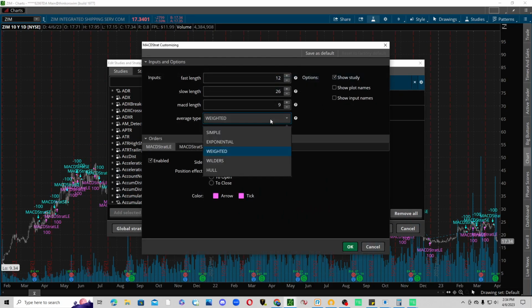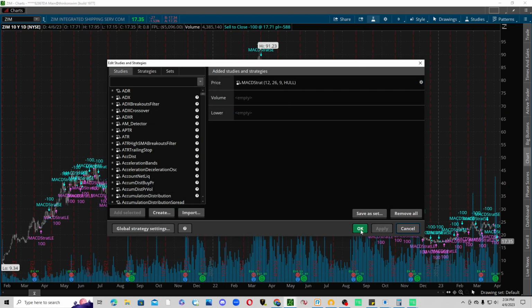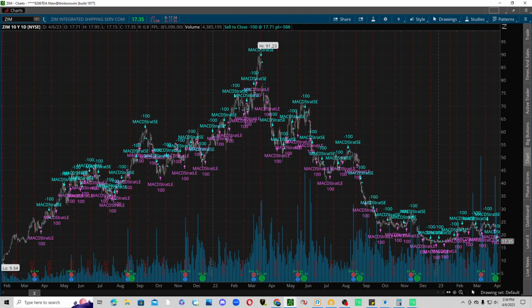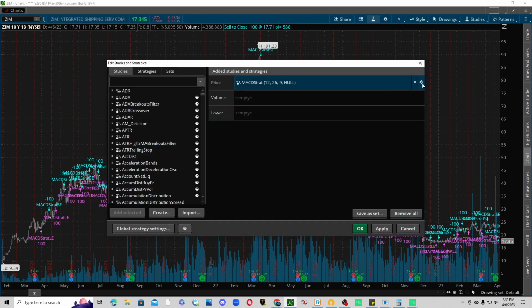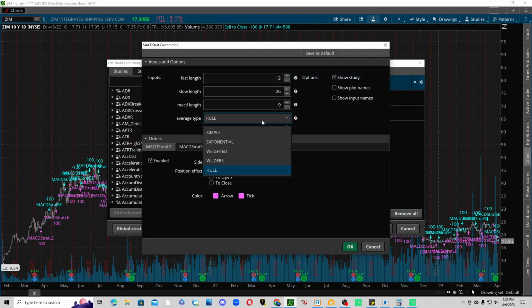So we tried a weighted average. Let's try a Hull. See what happens. Right now, the Hull is down $5,000. So that doesn't seem like that worked at all. All right, so then they go and say, all right, well, let me change it again. Let's try the exponential moving average.